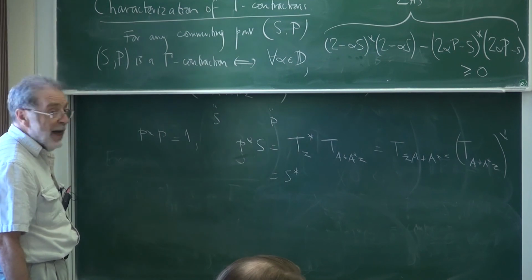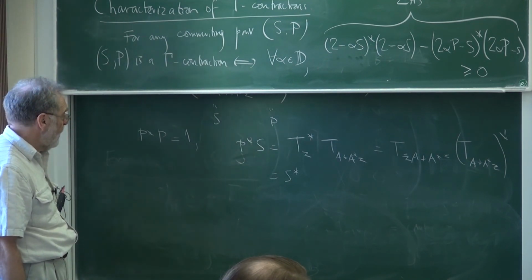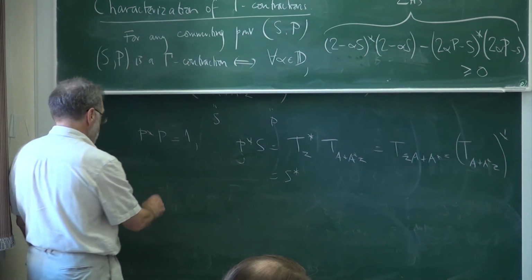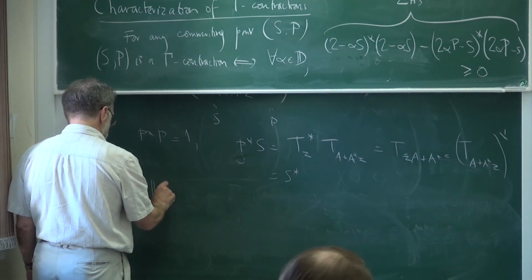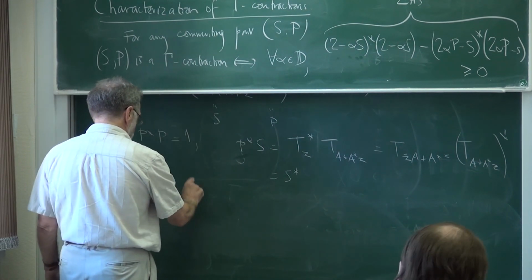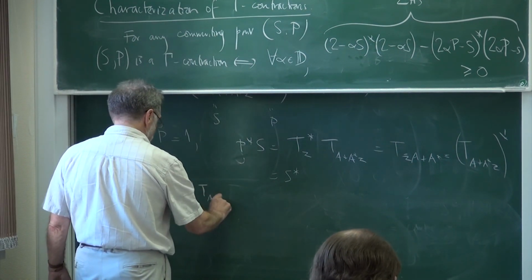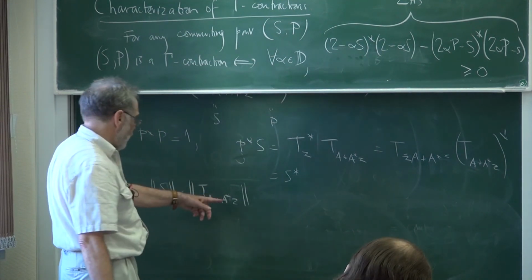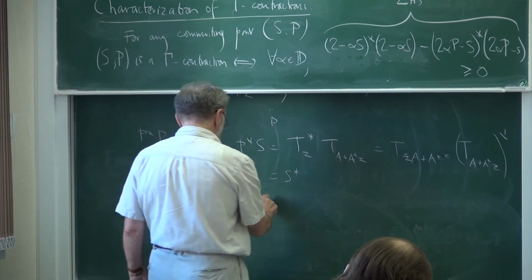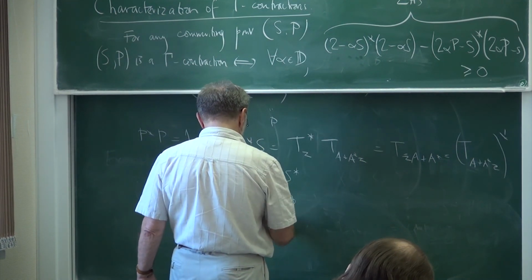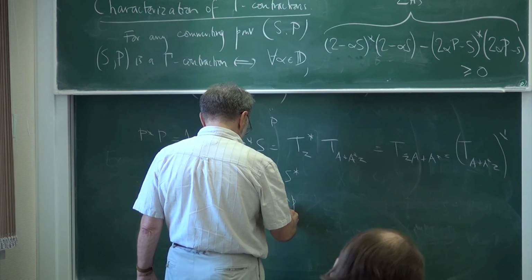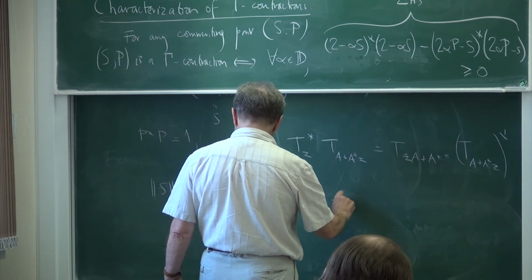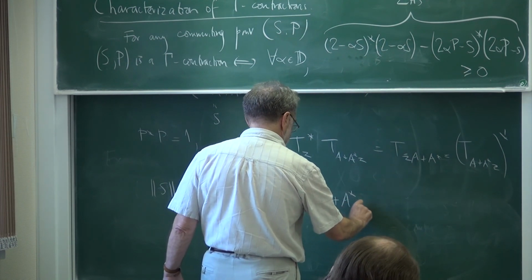All we need to make sure that it is a gamma isometry is that the norm of S should be less than or equal to 2. So the norm of S is the norm of T sub A plus A star Z. But the norm of a Toeplitz operator is just given by the supremum on the unit circle of the norm of the symbol A plus A star e to the i theta.